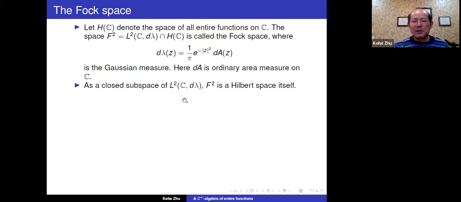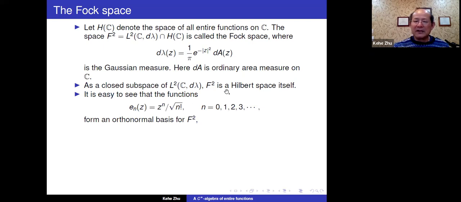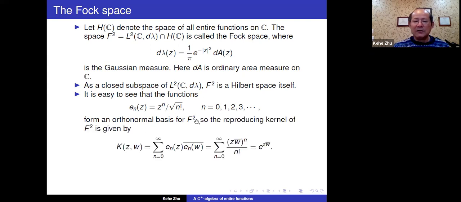Okay, so as a subspace of L2 of the Gaussian measure, F2 is a Hilbert space, and it's also a separable Hilbert space. You can write down a very elementary orthonormal basis. Just use the monomials and make them unit vectors. So you divide z^n by the square root of n factorial, denote this by e_n, then what you get is an orthonormal basis for the Fock space. And using this elementary basis, you can also calculate the so-called reproducing kernel of the Fock space, and it becomes this exponential function.